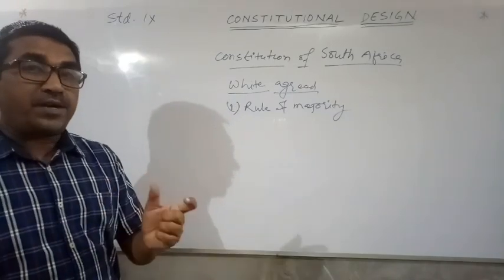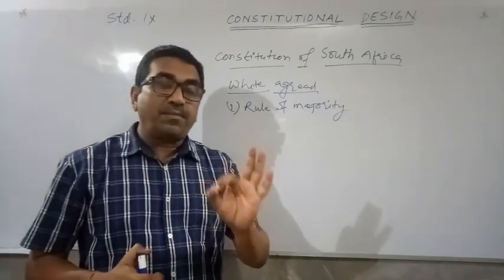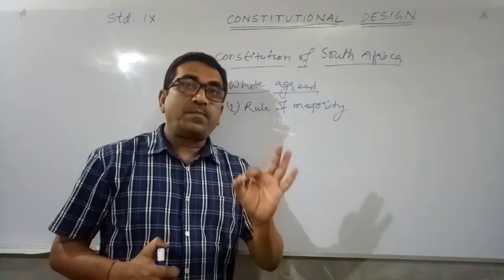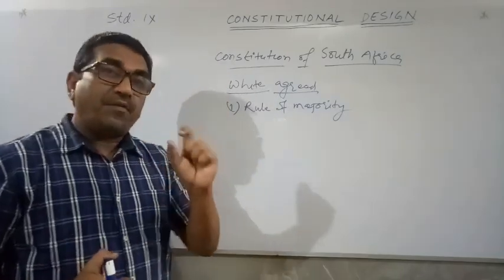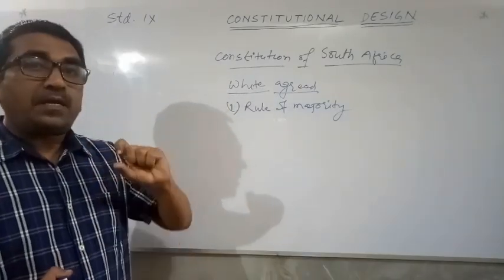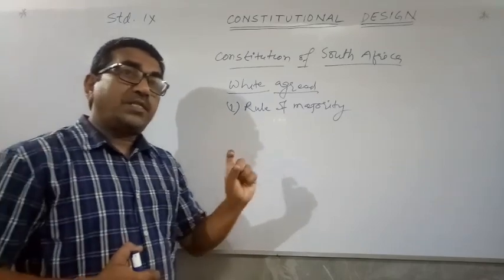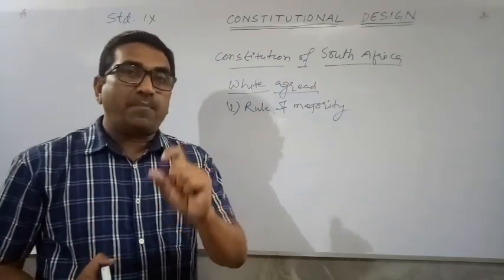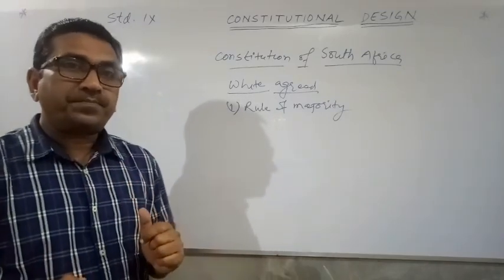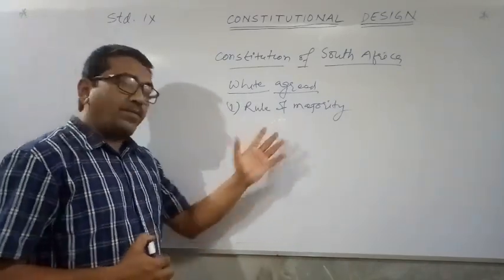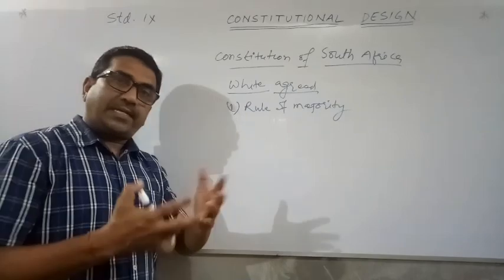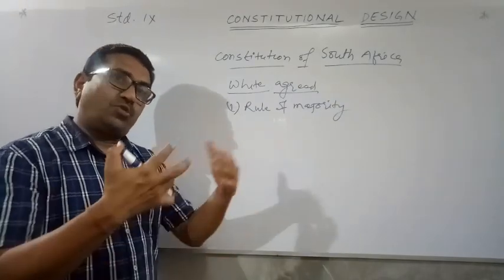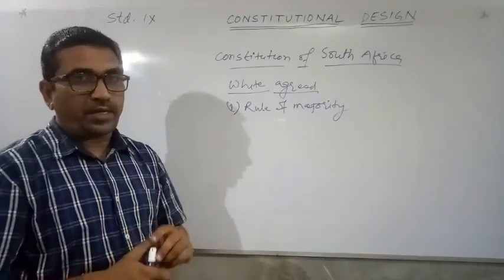Out of 400 seats, 252 were won by the African National Congress. The National Party, the party of the whites which had been ruling, managed only 82 seats. The rule of the majority: they accepted that whoever has the majority rules.